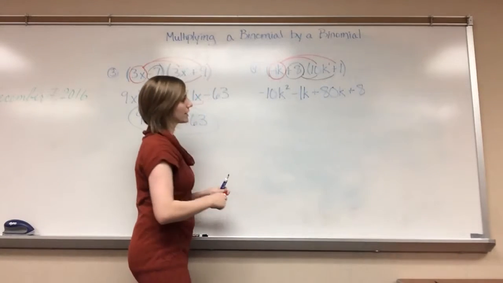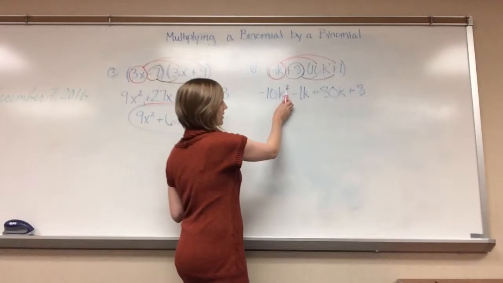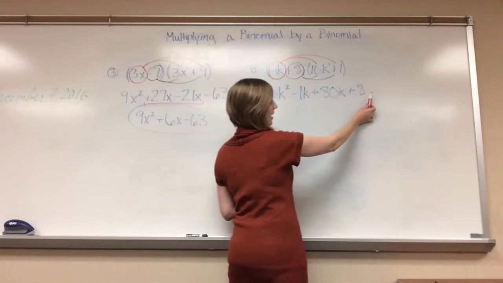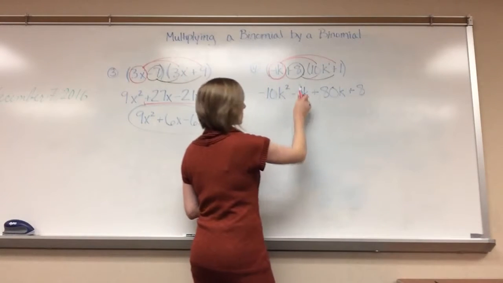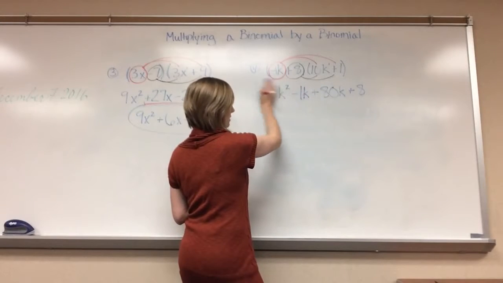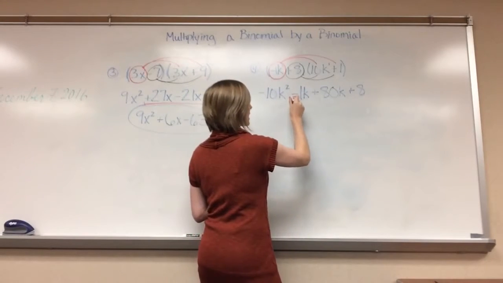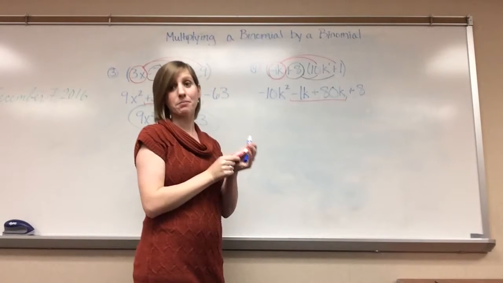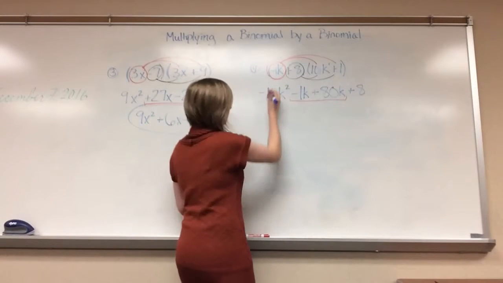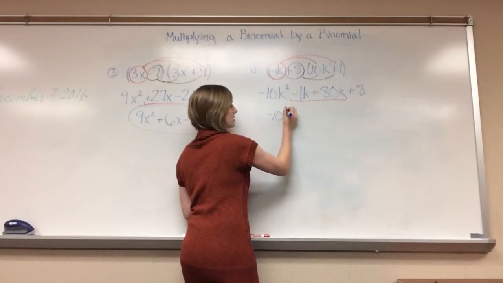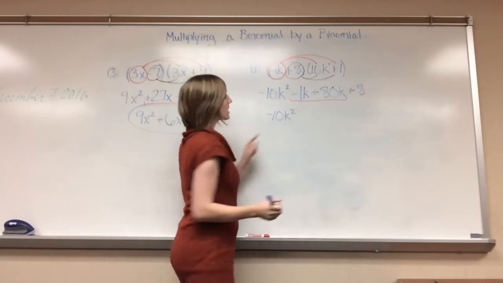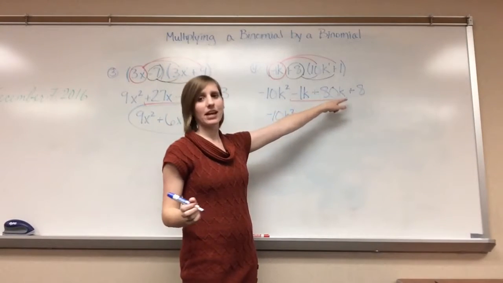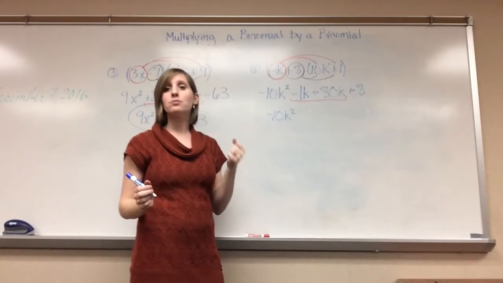So we need to look for like terms. I have a k squared, a k, and just a number. So k squared is different from k, so that's not a like term. But my minus 1k and my 80k are like terms, so I can combine those together. So negative 10k squared stays the same. Negative 1k and positive 80k. Different signs we subtract.